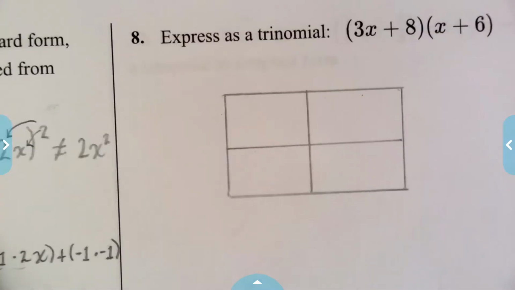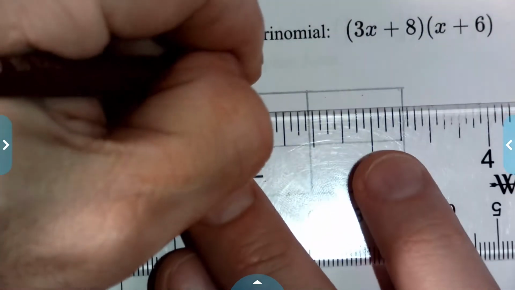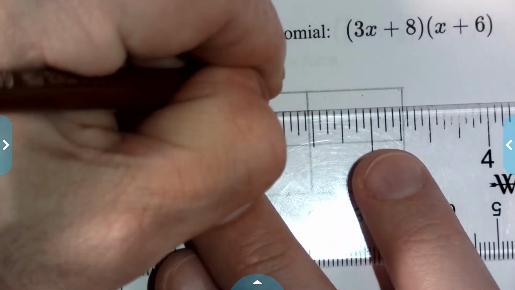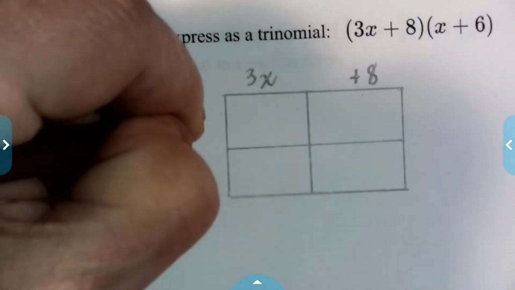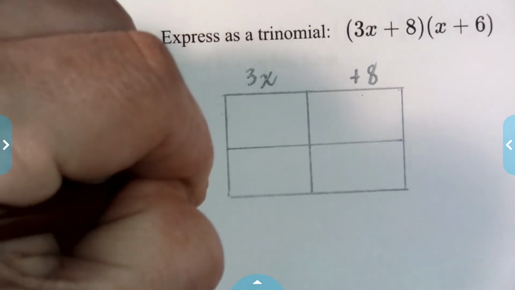Okay. And then we'll put 3x here and plus 8 here. And then we'll put x right here and plus 6 here.